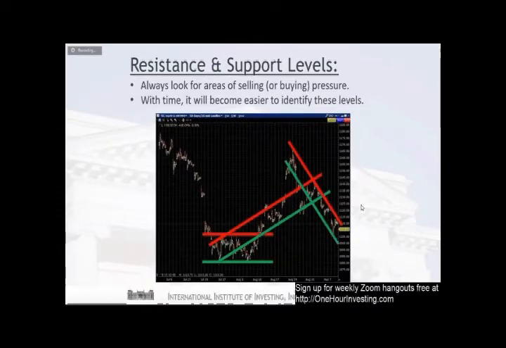Okay, you can have resistance and support. They create channels or zones. Okay, you can also think of it as they create floors. So another way to think of them is, remember how we had the house, right? And what we had was a roof. So what we're looking at is there's the resistance and then there's the support.